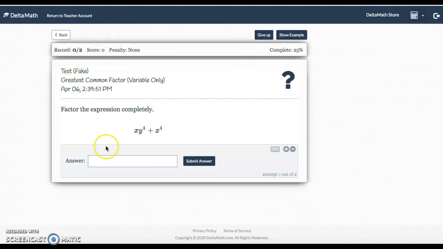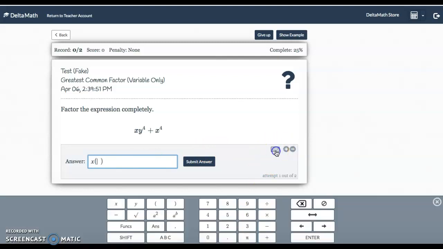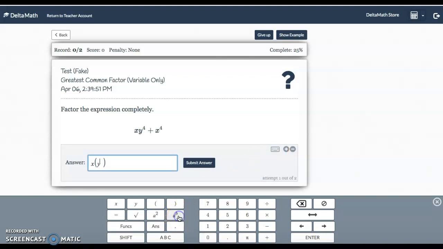Okay. So in this problem, I need to find the greatest common factor. Well, in this one, it's x. So now in order to type, I'm going to need exponents. That's where this keyboard comes in right here. So if I click the keyboard, I need to type y to the 4th power. So this a to the b gives me a chance to go up to the exponent.